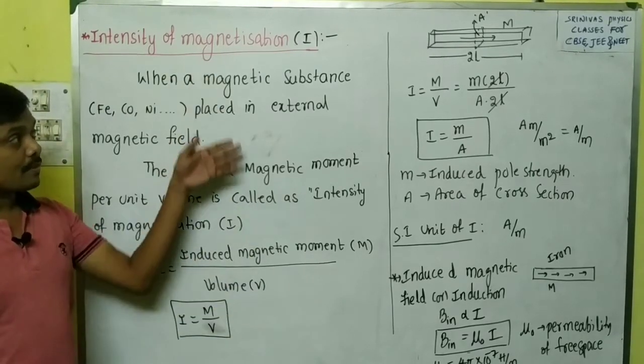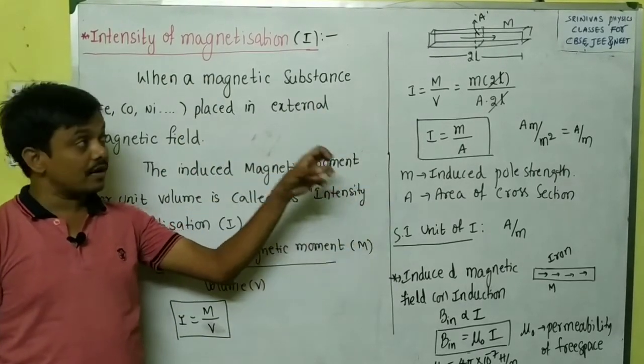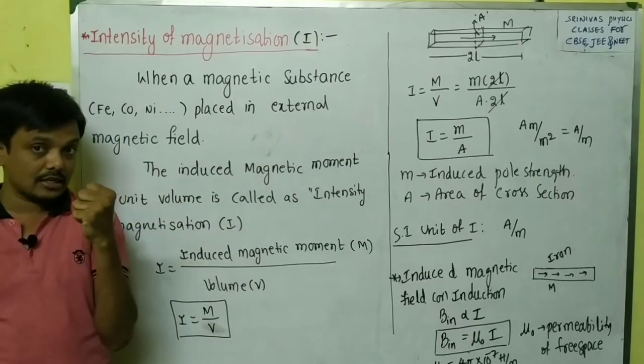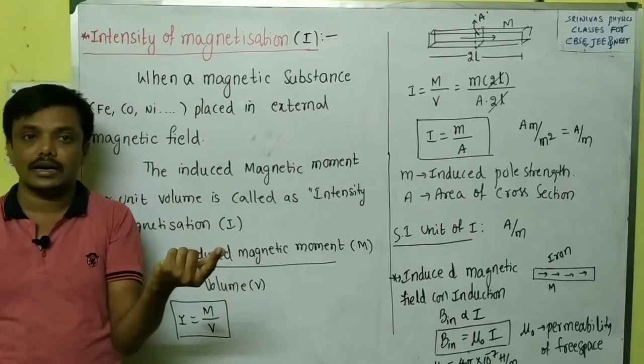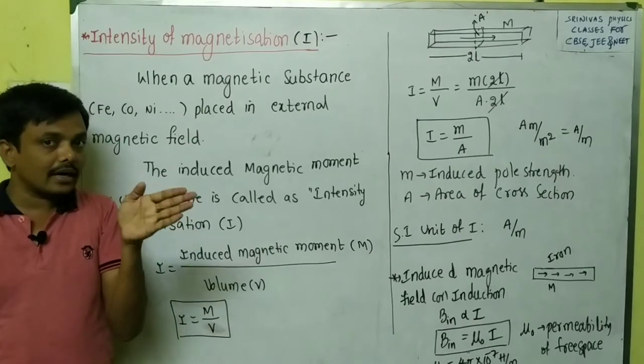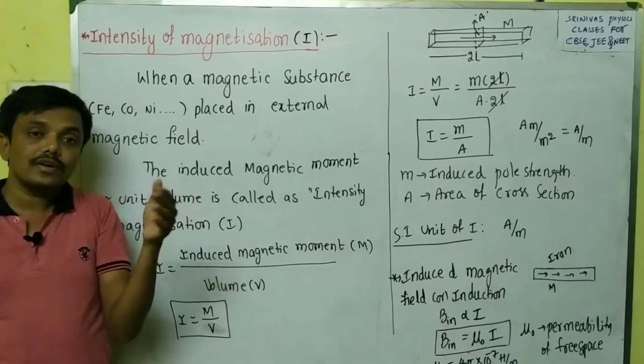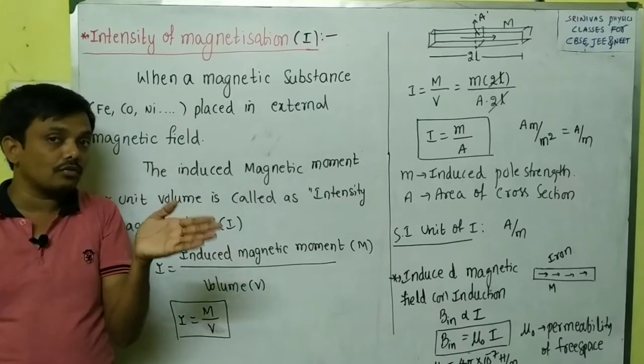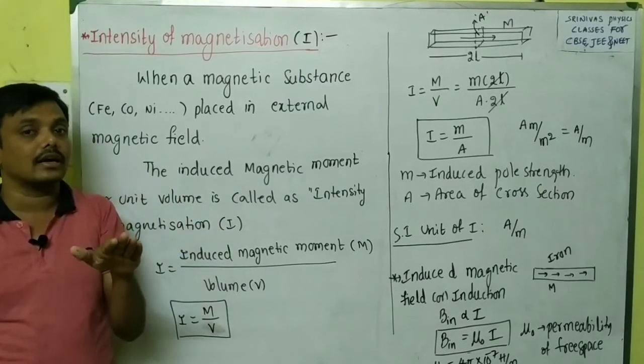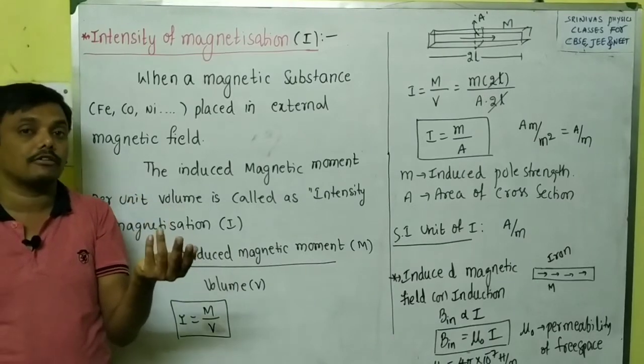Here this is magnetization. That means when we place a magnetic substance, iron or cobalt, in the external magnetic field, initially it is not a magnet, but after placing it in the external magnetic field it is converted into a magnet.